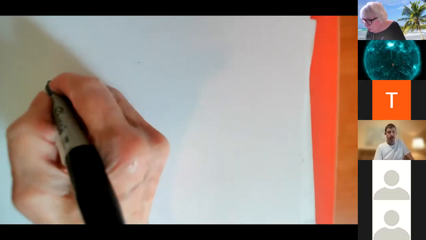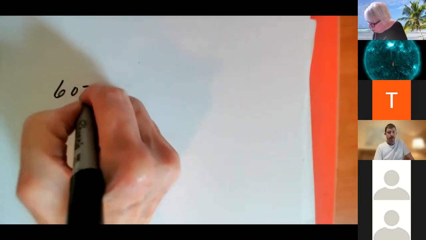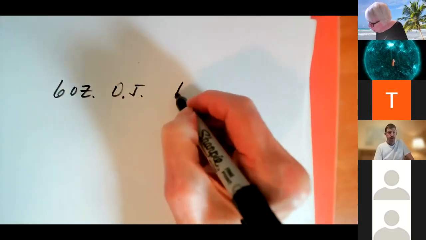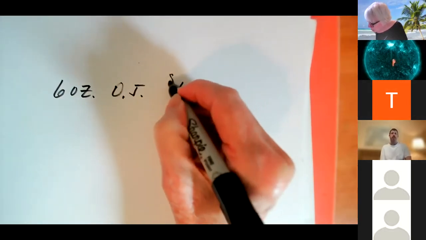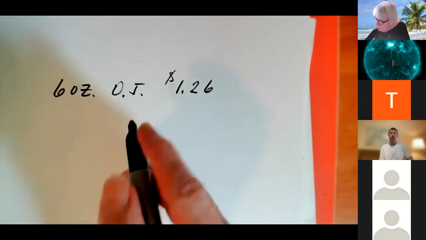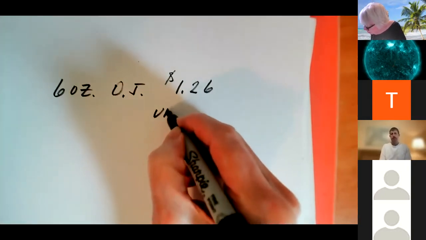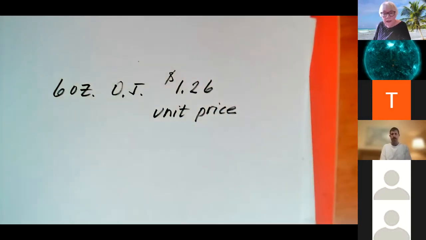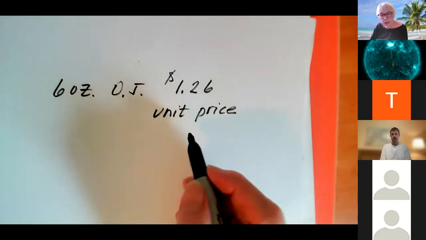The other problem was this. If 6 ounces of orange juice cost $1.26, like that, what is the unit price? They might have said, what is the cost for 1 ounce? But they might have said unit price.